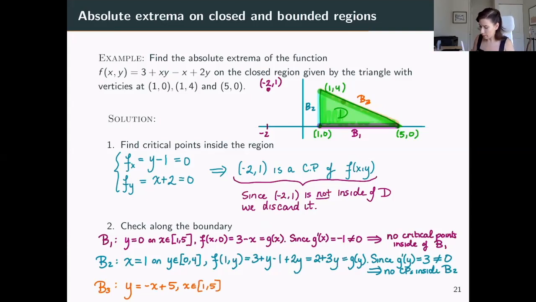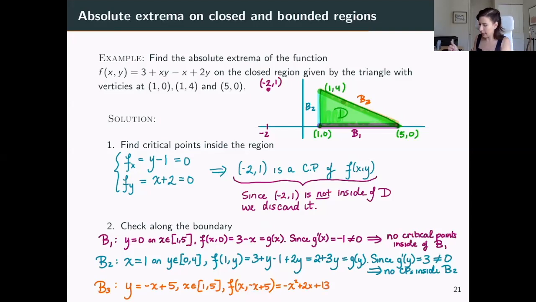We then evaluate f, plugging in values of x, but our y's are now of the form -x plus 5. Substituting x for x and -x plus 5 for y, after a little bit of simplification, I'll leave this to you to verify, we'll get -x squared plus 2x plus 13.